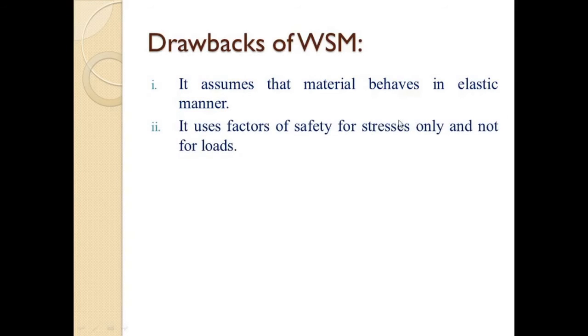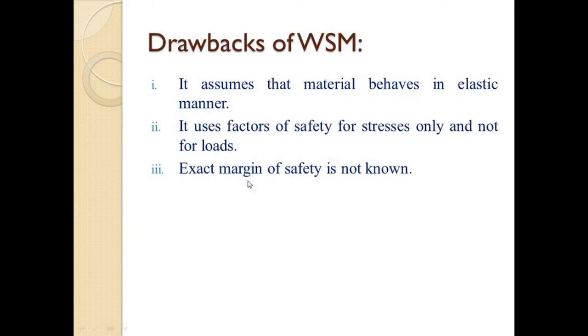Next, it uses the factor of safety only for stresses, not for load. Means excessive load coming on a structure is not taken into account. Next, exact margin of safety is not known. As discussed earlier, excessive loads are not considered.